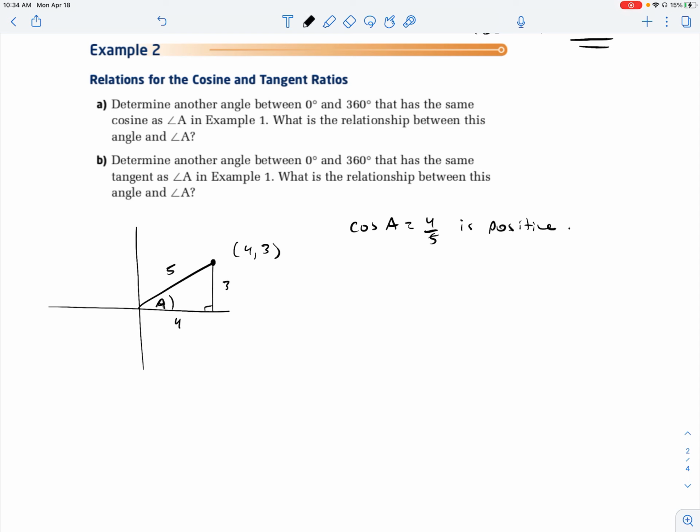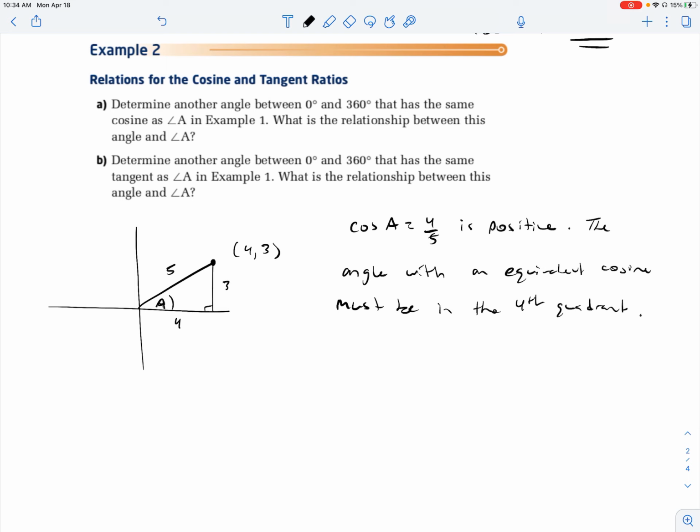So we can say the angle with an equivalent cosine must be in the fourth quadrant.